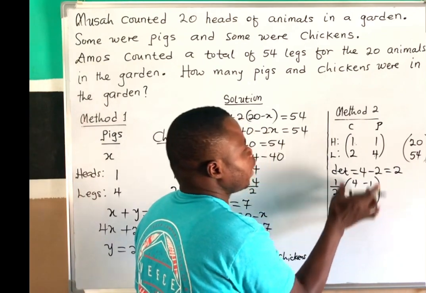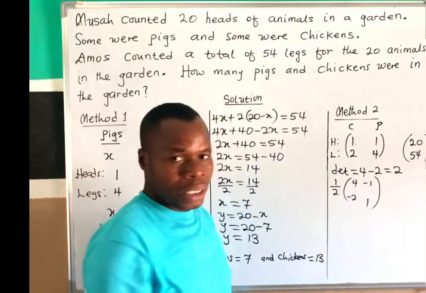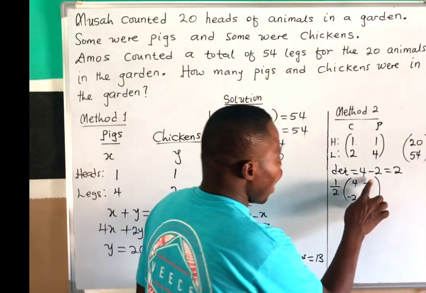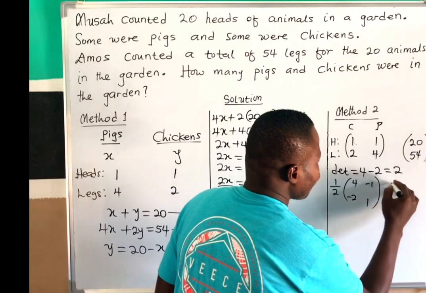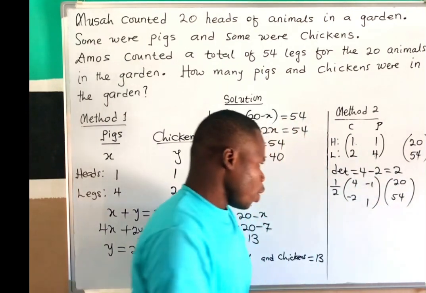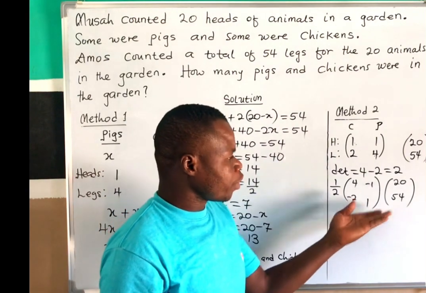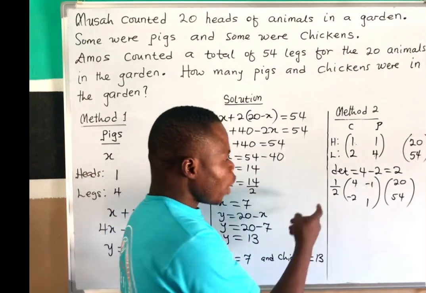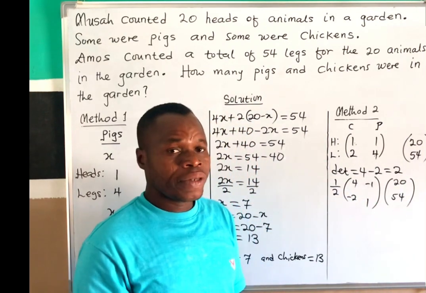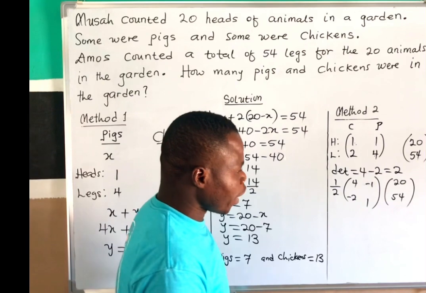The whole of this is the inverse. That is how we find a 2 by 2 matrix inverse. Now, after that, we multiply by this vector. So, half times this matrix times this vector. But we can use the half to multiply this particular vector because the vector values are even numbers.